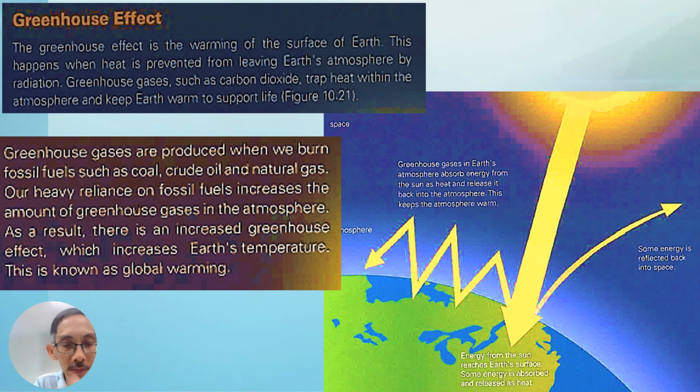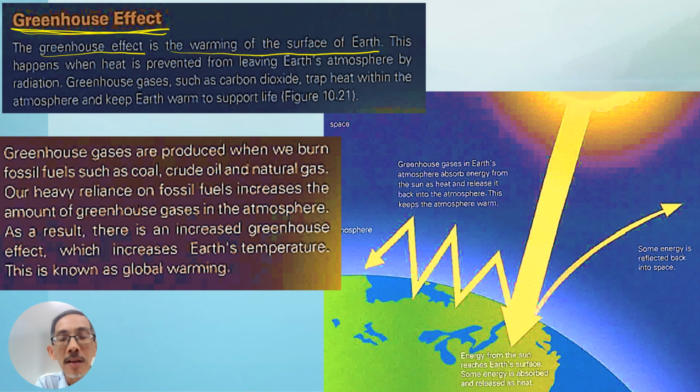Okay, of course, right at the beginning, you can see the big two words here, greenhouse effect. Okay, global warming and that kind of thing. So let's just take a bit of time to understand radiation and this idea of greenhouse effect. Okay, so let's run through it. What do you mean by greenhouse effect? Basically, it's just telling you the warming of the Earth's surface.